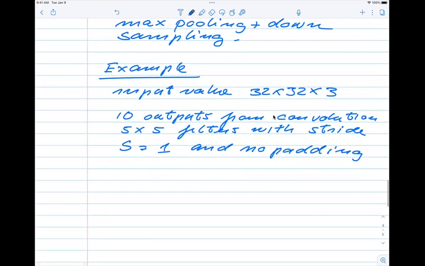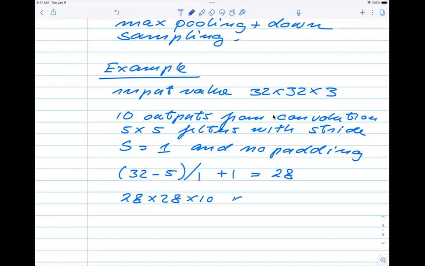If you look at that image here, then we would have 32 minus 5, which is a filter, and that's a typical dimensionality of the filter, divided by 1 for the stride, plus 1. So that means that we get 28. So the new image, since we also produce 10 images, is 28 times 28 times 10.